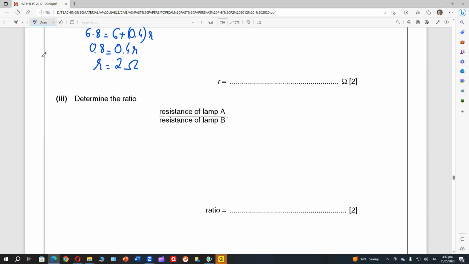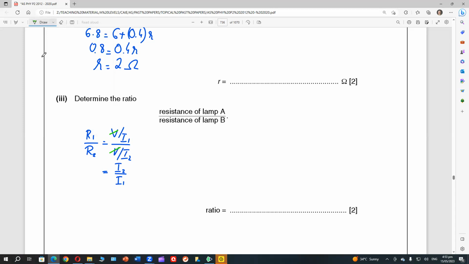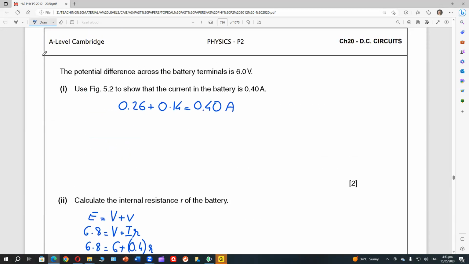If I go for Ohm's law, in parallel, voltage is the same. But how can I get the current?